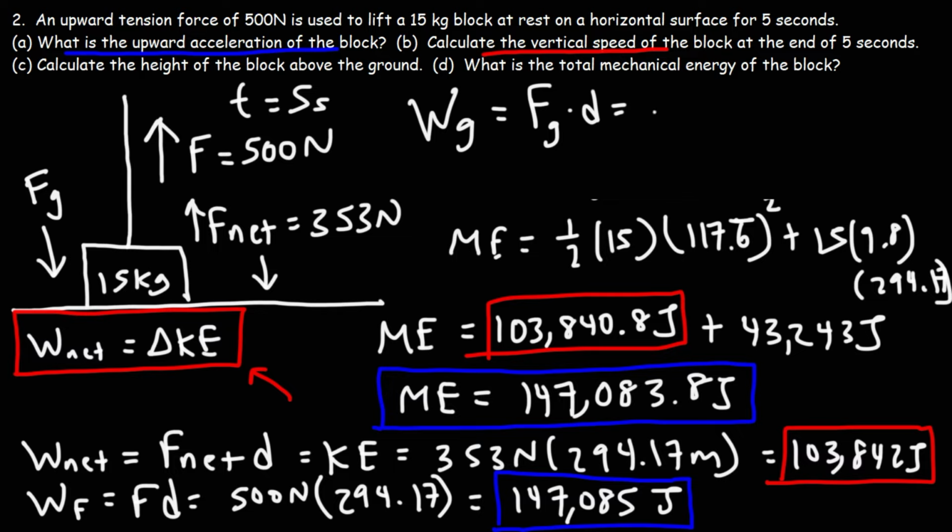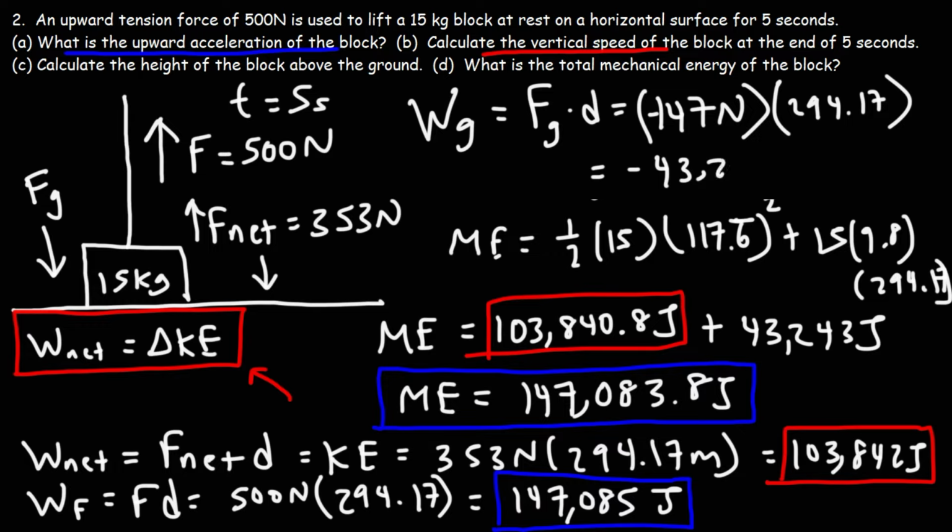So that was a force of 147 newtons, and it's negative. And we have an upward displacement of 294.17 meters, so that's going to be positive. So negative 147 times that number gives us negative 43,243 joules.